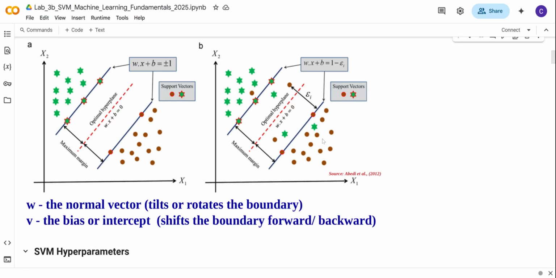This represents cases in the real world where we don't have clearly separable data points, because some of these points violate the margin. That is, they fall on the wrong side of the margin.